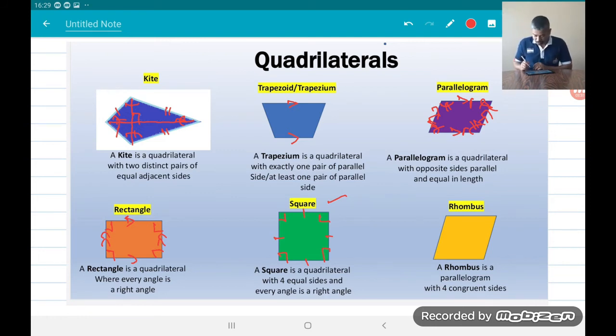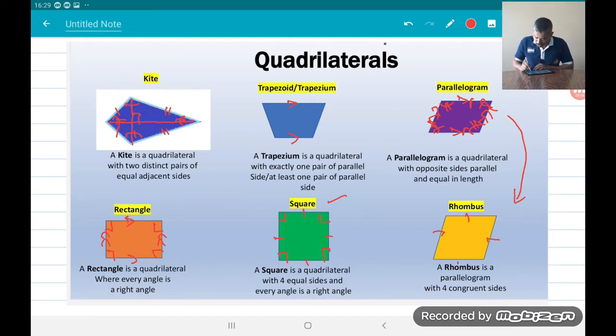What about the rhombus? A rhombus is actually a parallelogram. What is the only difference between a rhombus and a parallelogram? A rhombus should have equal sides. All sides are equal. But in a parallelogram, the opposite sides are equal.